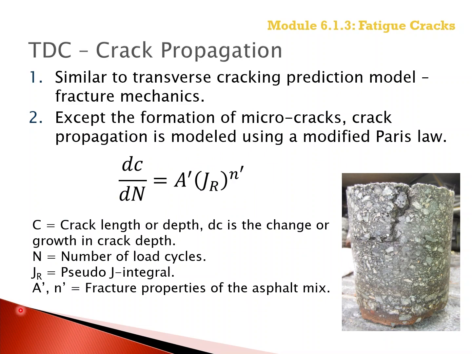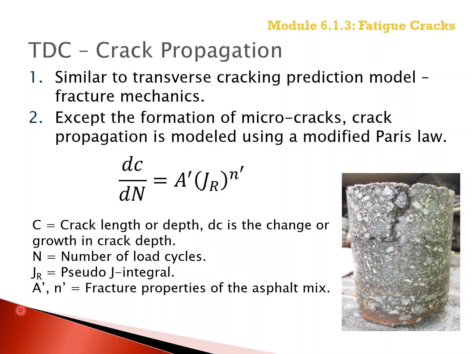The propagation of the surface fatigue or load-related cracks is, like the transverse cracking model, based on the fracture mechanics approach. However, a modified Paris law is used to propagate the surface cracks downward through the asphalt layers, specifically using the pseudo JNR integral, as shown on this slide.